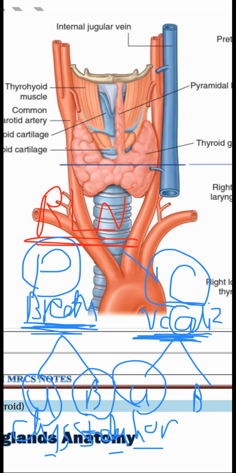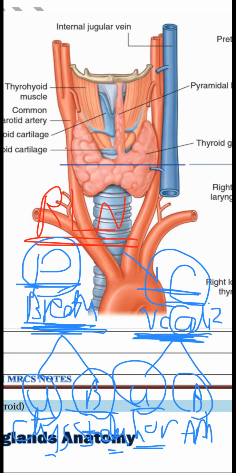While complete bilateral will be aphonia. P is related to breathing: unilateral dyspnea, bilateral stridor. While C is related to phonation or vocalization: unilateral hoarseness, bilateral aphonia. This is all about recurrent laryngeal nerve injury.